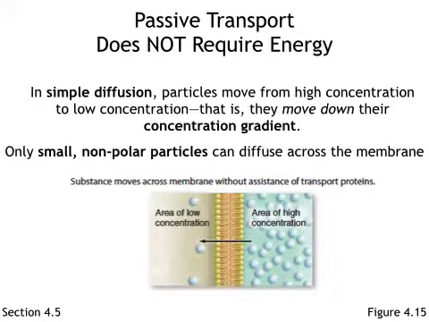It's these tails that do not have charges. So they don't like to let things that have a charge go through. They don't like to let polar things through. The only things that will naturally diffuse across the cell membrane are small nonpolar particles, right? Things that don't have a charge.